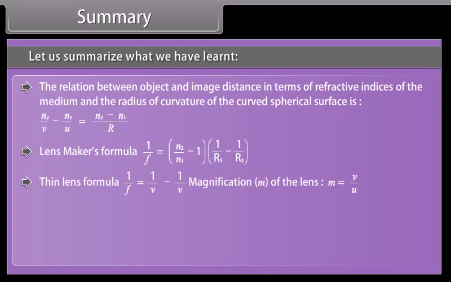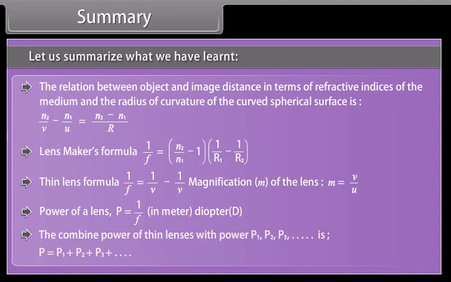Thin lens formula is this. Magnification m of the lens, m = v/u. Power of a lens, P = 1/f, with f in meters, unit diopter D. The combined power of thin lenses with power P1, P2, P3 is P = P1 + P2 + P3 and so on.